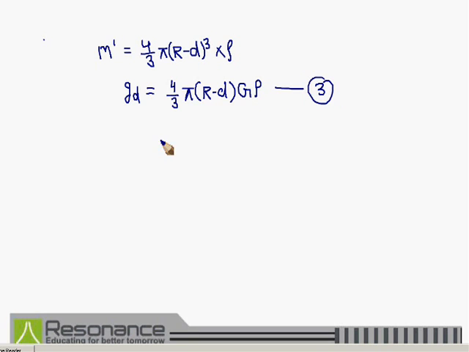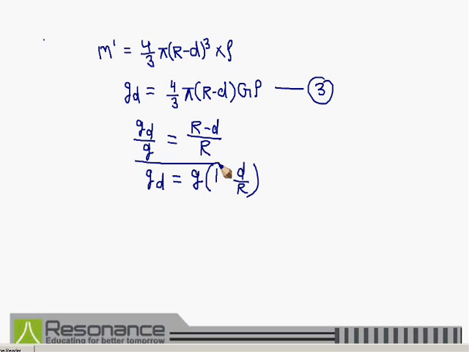Equation number 3. Dividing equation 3 by equation 2, we get gd upon g equals (R minus d) upon R, and gd equals g into (1 minus d upon R). So, this is the expression for acceleration due to gravity inside the Earth at depth d.